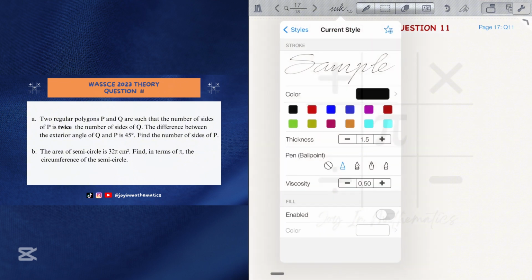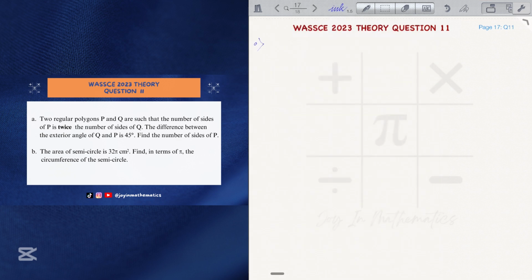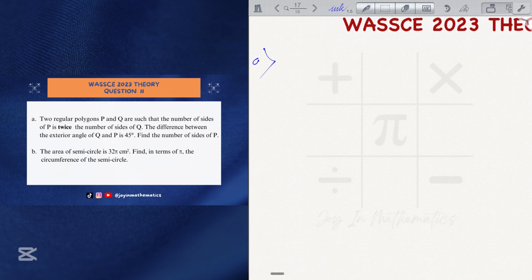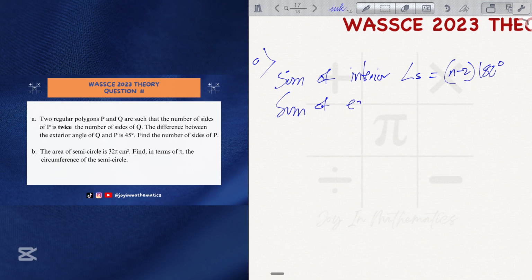Now, to fully understand this question, the first thing is that we have to write out all the formulas involved in polygons. So in polygons, we know that the sum of interior angles is equal to n minus 2 multiplied by 180 degrees. And the sum of exterior angles is equal to 360 degrees.